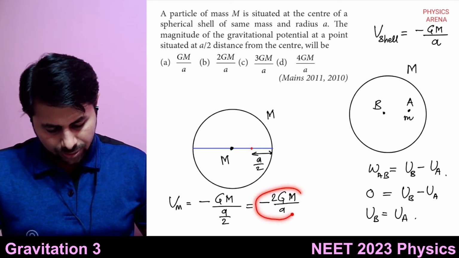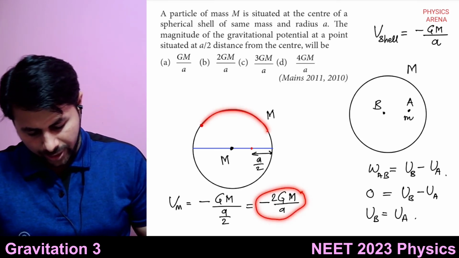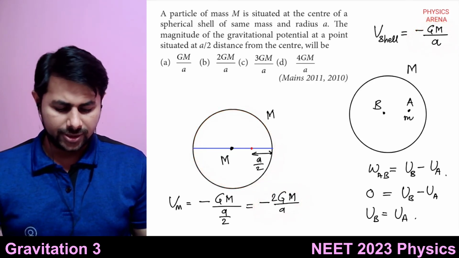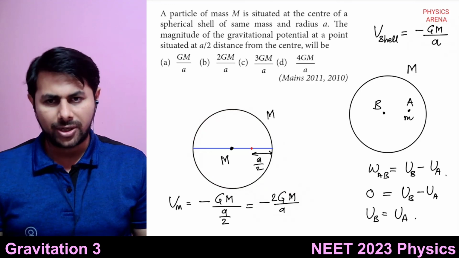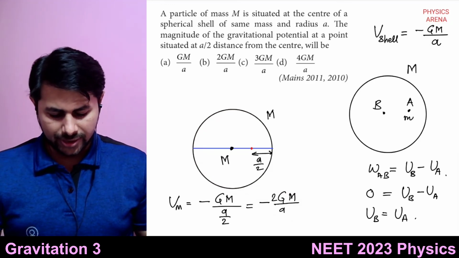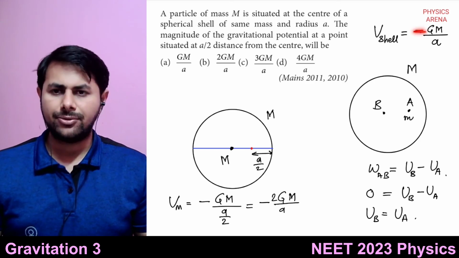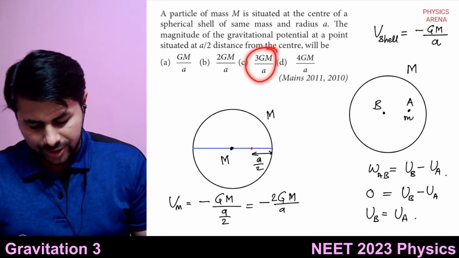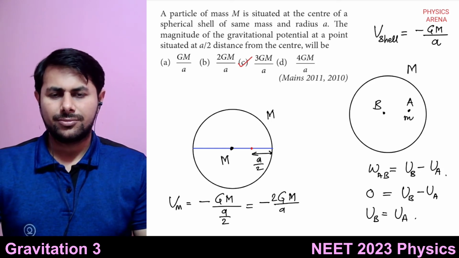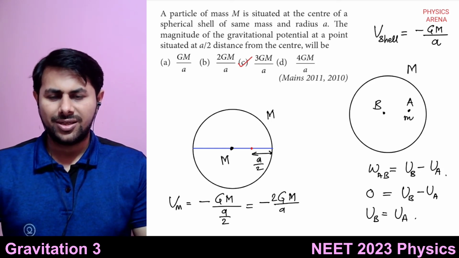So this is minus 2GM upon a, and potential due to shell is minus GM upon a. So it is minus 3GM upon a, right? But they are not considering the positive or negative sign. So it will be 3GM divided by a. This is the answer. Is it clear?